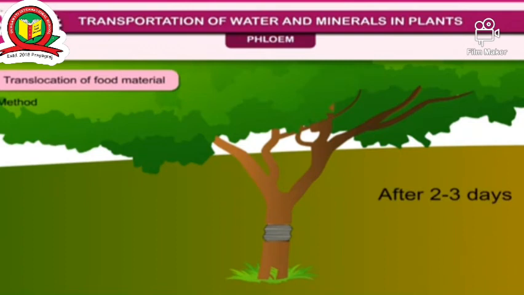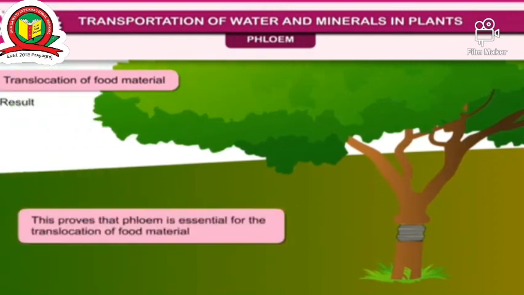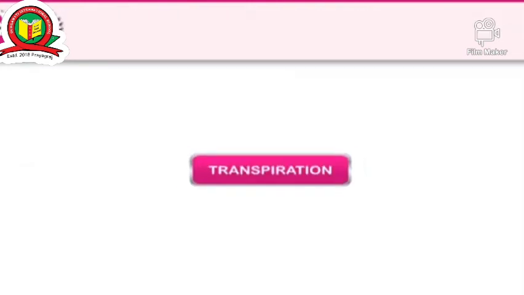After 2 to 3 days, a swelling is observed just above the ring. This portion of the stem swells up due to the accumulation of food material in the tissues. This is because the prepared food by the leaves does not reach below the ring due to removal of phloem. Result: this proves that phloem is essential for the translocation of food material.